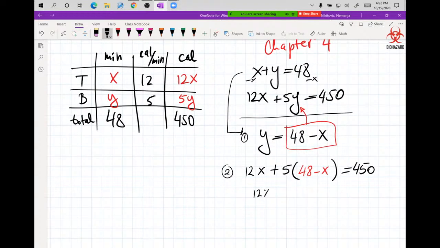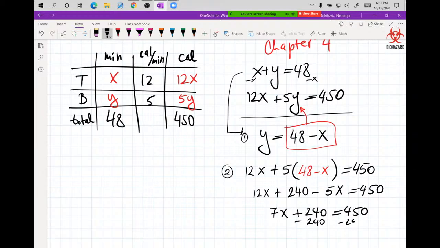That's going to be 12x plus 5 times 48, that's 240, minus 5x equals 450. 12x minus 5x is 7x, plus 240 equals 450.